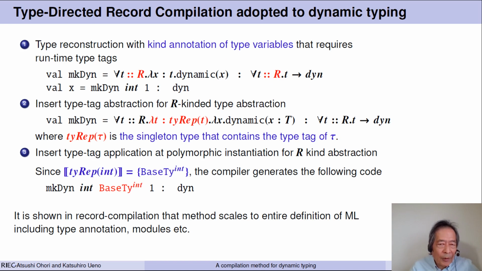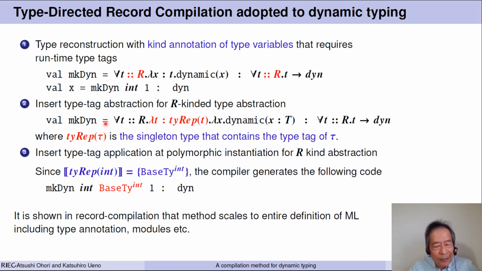Since this is the core of our integration of the two constructs, I explain the development, which consists of three components. First is type reconstruction with kind annotation of type variables. For those type variables involved in these dynamic primitives, the type inference annotates a special kind R for reify. The second is to insert type tag abstraction for R-kinded type abstraction.